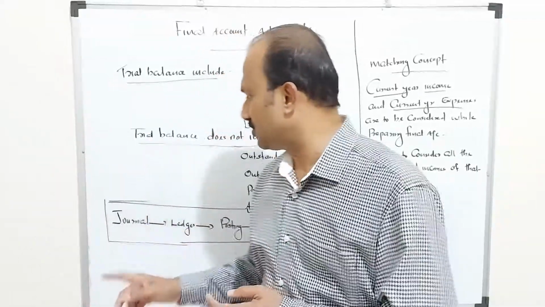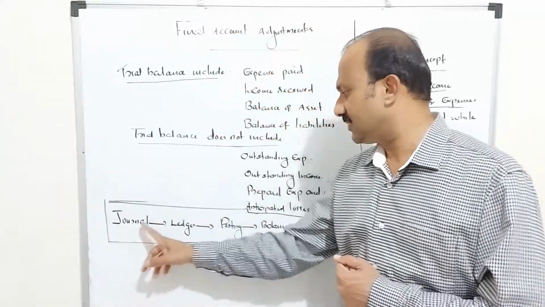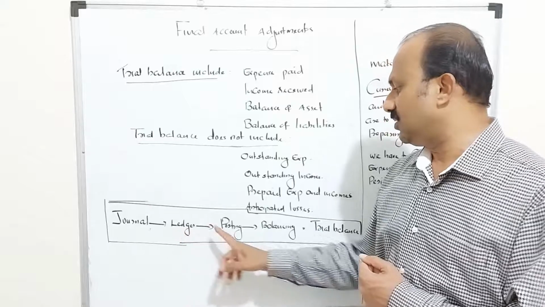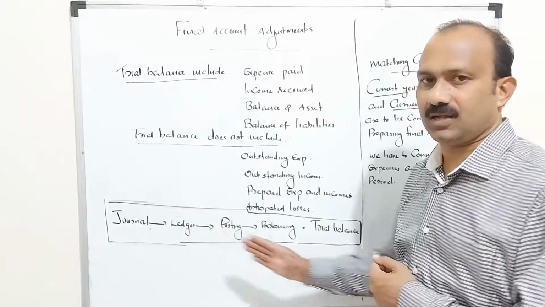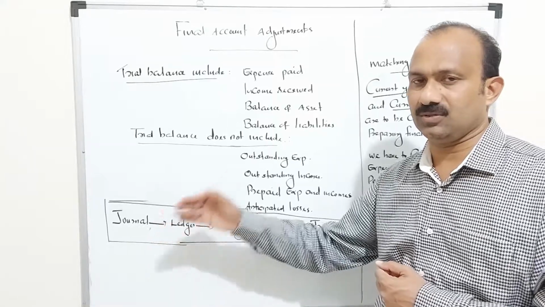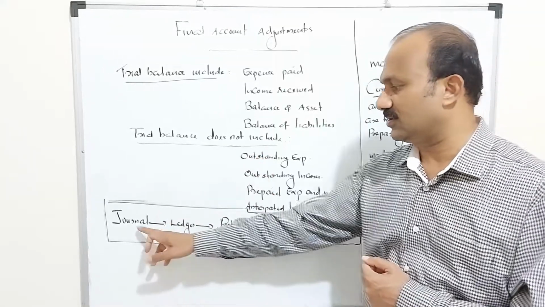So we can say journalizing, ledger preparation, posting, balancing, and trial balance. These are the accounting procedure or the process of an organization.